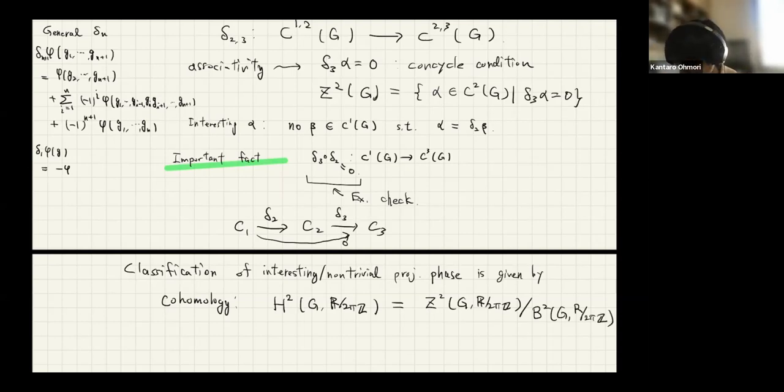Okay. And this quotient is the quotient among the groups.